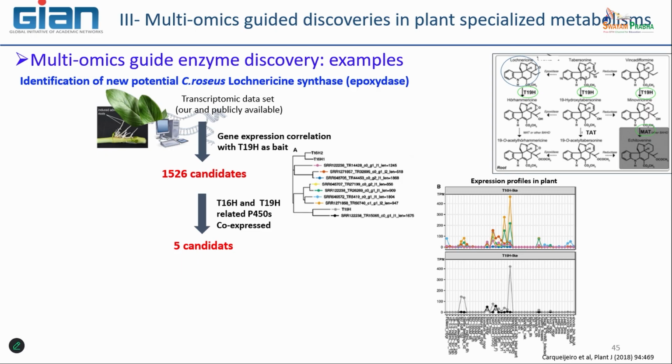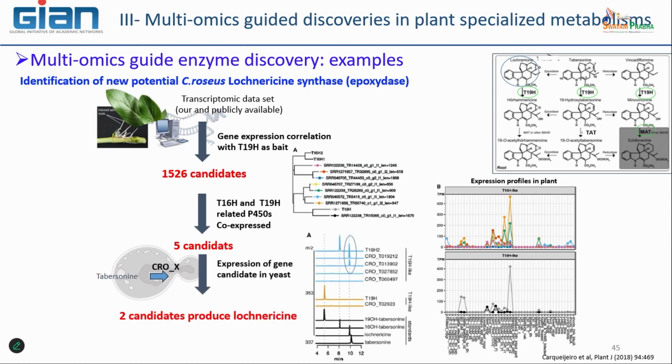And by this way, we obtain a smaller number of candidates. Among these, only 5 are co-expressed with both of the 2 hydroxylases. And these candidates have been tested in yeast, because we implemented them directly, alone this time, in the yeast.